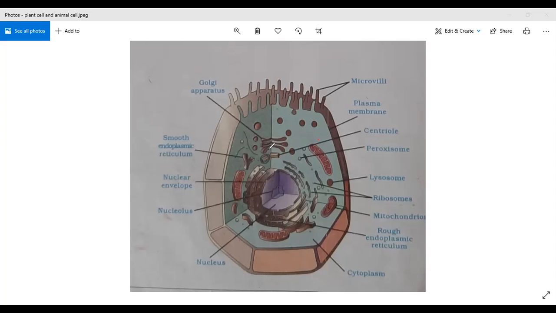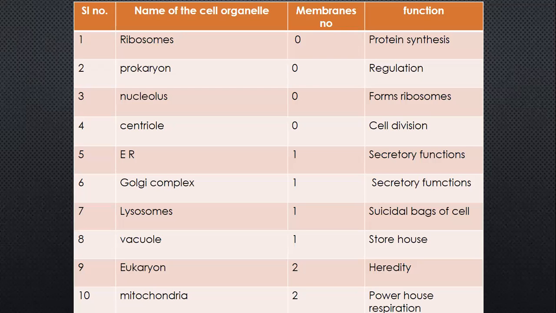But we can see the centrioles, which help in cell division, present in animal cells only. In plant cells, centrioles are absent. Then we will discuss the remaining cell organelles present in plant and animal cells in relation to their number of membranes.